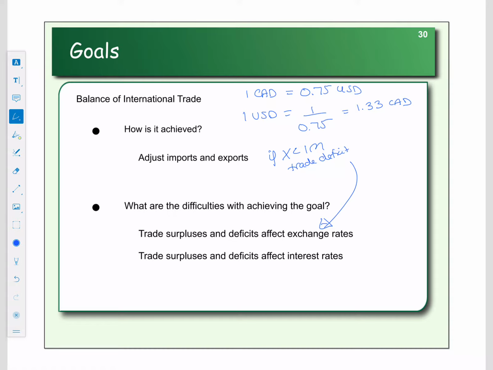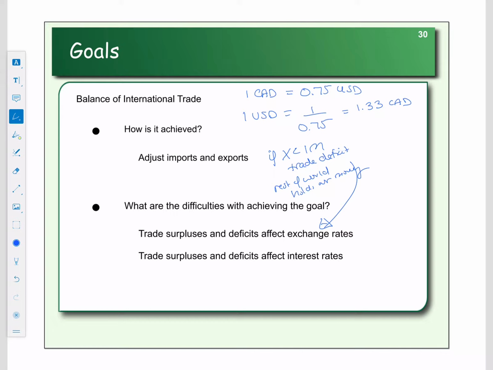Exports, goods going out, money coming in. So if we're buying more goods from other countries than they're buying from us, the money's going out, and we have a trade deficit. Well, if we have a trade deficit, then that means that the rest of the world holds our money.